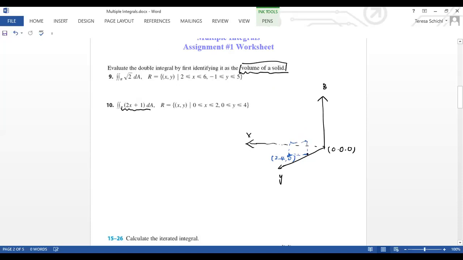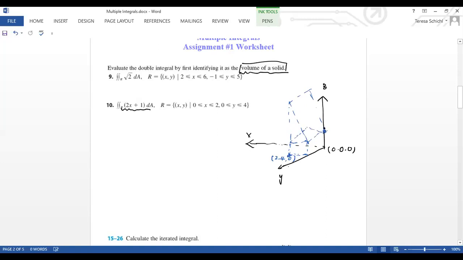Let me draw the picture here. I hope I can draw a good picture. Not bad, I think you can probably see it.